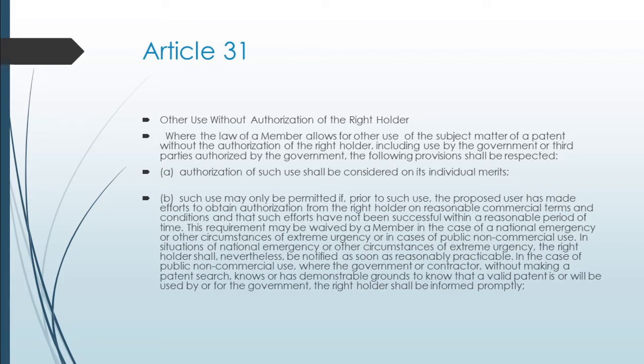Compulsory licensing was first introduced in the Paris Convention and was later taken to the TRIPS Agreement. Compulsory licensing is a way of flexibility granted to developing and developed countries so that they can protect their interest.